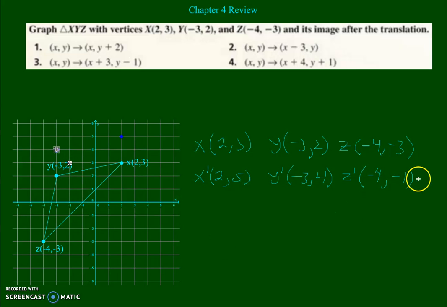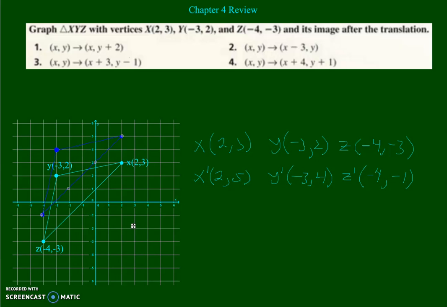And then (-4, -1). And then we can go ahead and draw lines through these to show that triangle. And now you can see that the triangle, the white pre-image, has been transformed. X stays the same, and we've added 2 to the y.